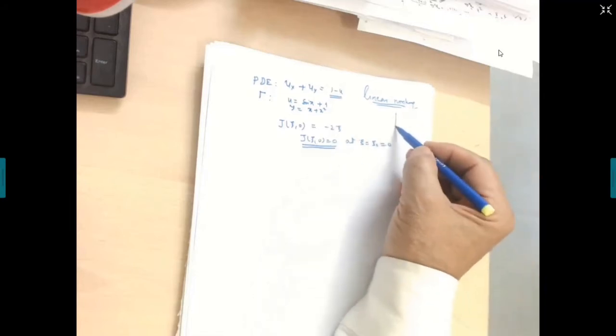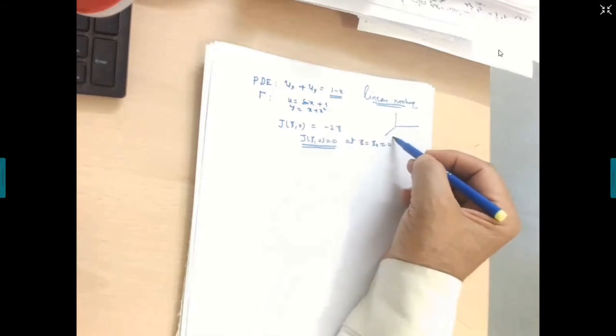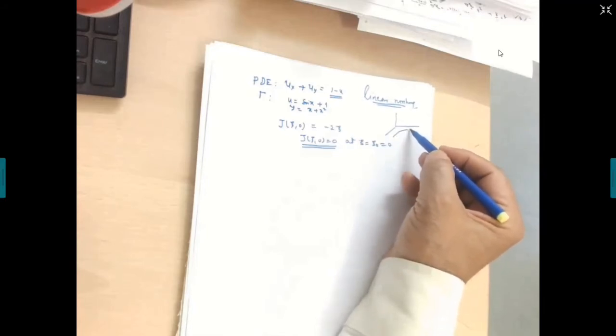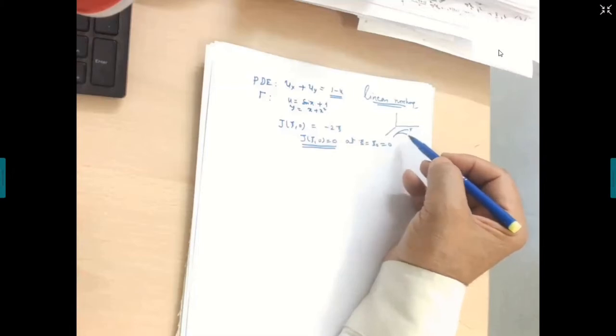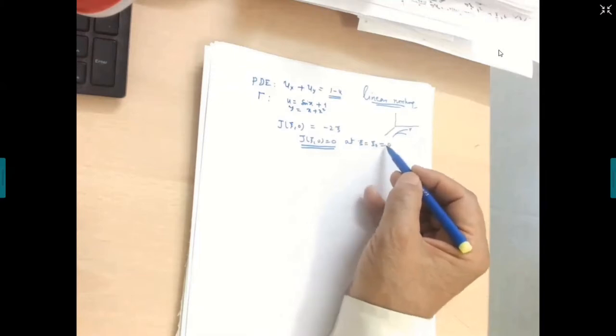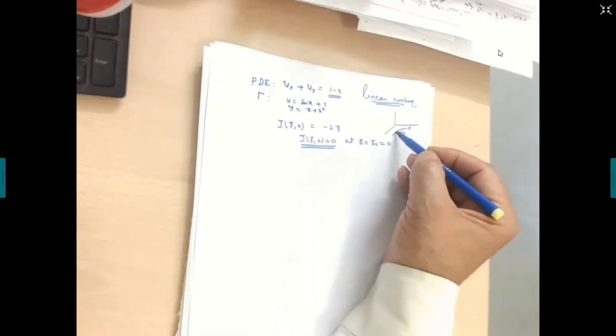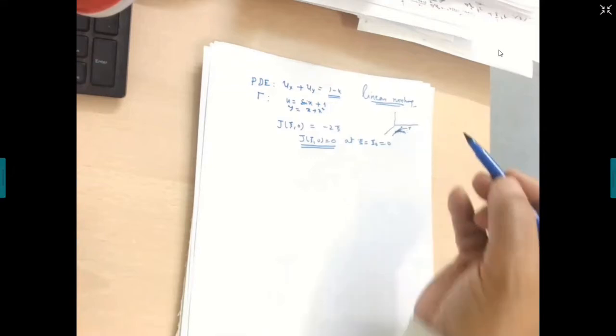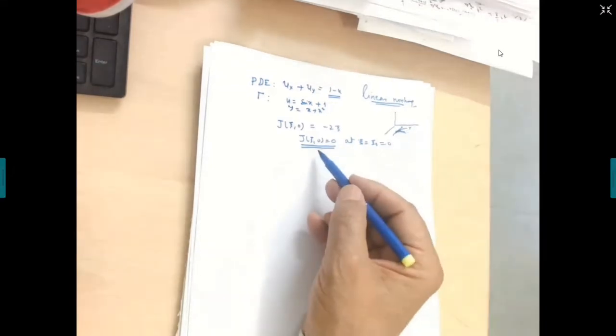I told you that we are on the base curve. Gamma is not a characteristic. This is the base curve, gamma. If J is equal to 0 at s equal to 0, it means the tangent to this at this point coincides with the tangent to the characteristic curve at this point. Is that right? This is the meaning.